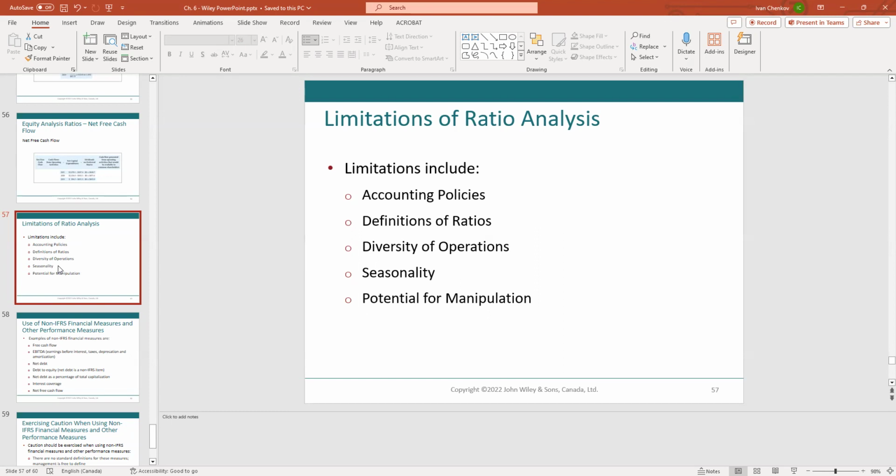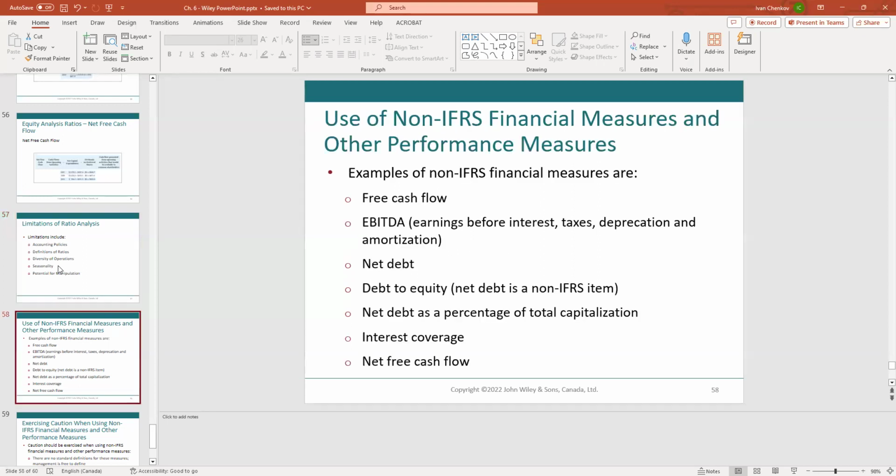The next one is the diversity of the operations. You have to think, is this a seasonal business or not? And the other one is what are the chances there will be manipulations in the preparation of financial statements? What are we going to do if you use non-International Financial Reporting Standards measures?